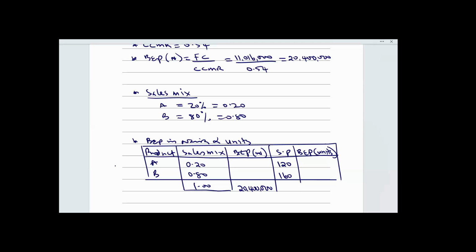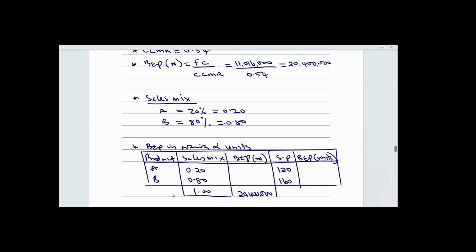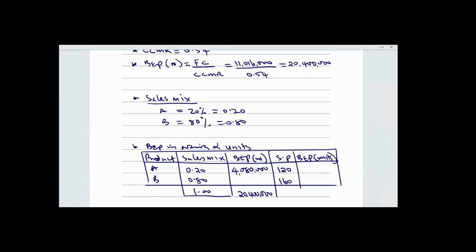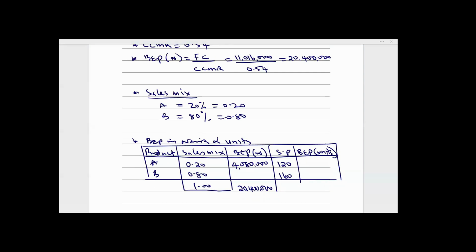20,400,000 multiplied by 0.2 is 4,080,000. Divided by 120 Naira, that's 34,000 units.